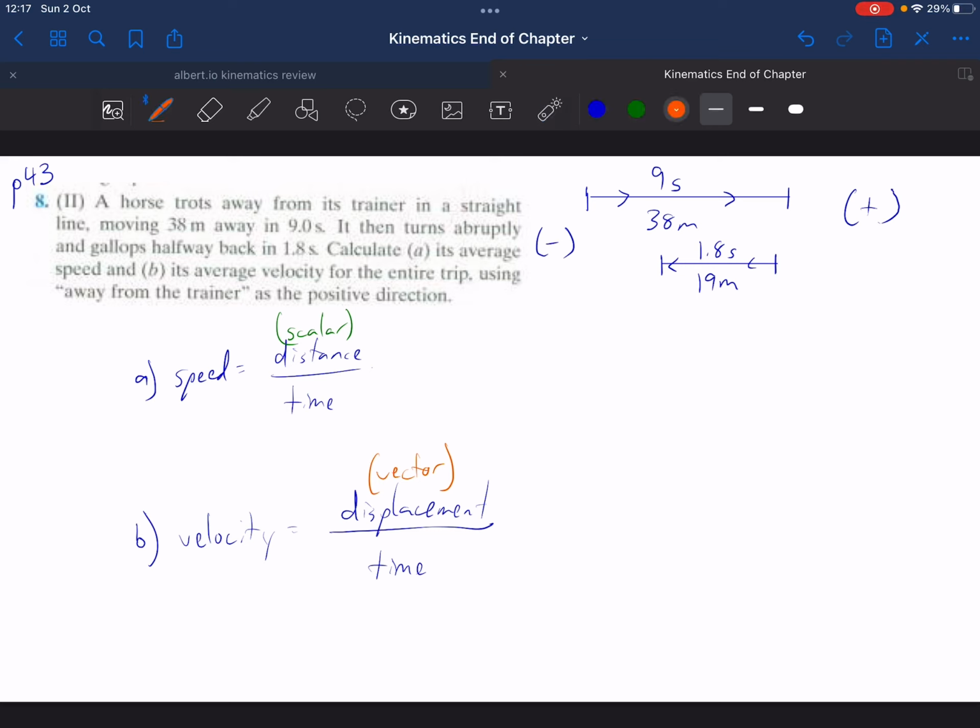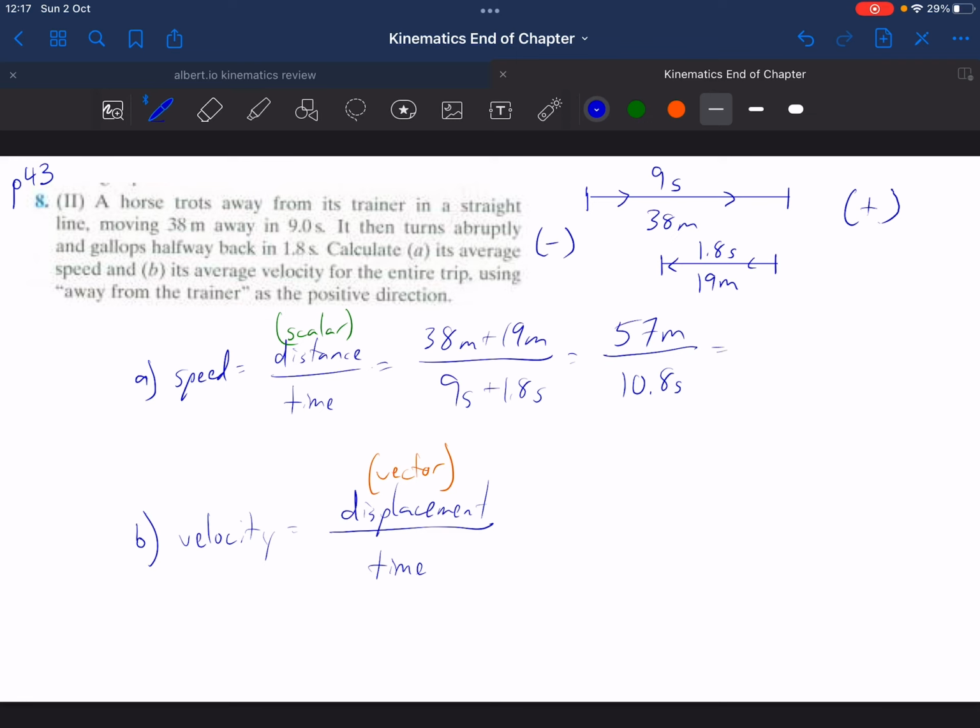So in this example, the first distance was 38 meters, the second was 19 meters, and our times were 9 seconds and 1.8 seconds. So that will simplify to 10.8 seconds on the bottom and 57 meters on top.